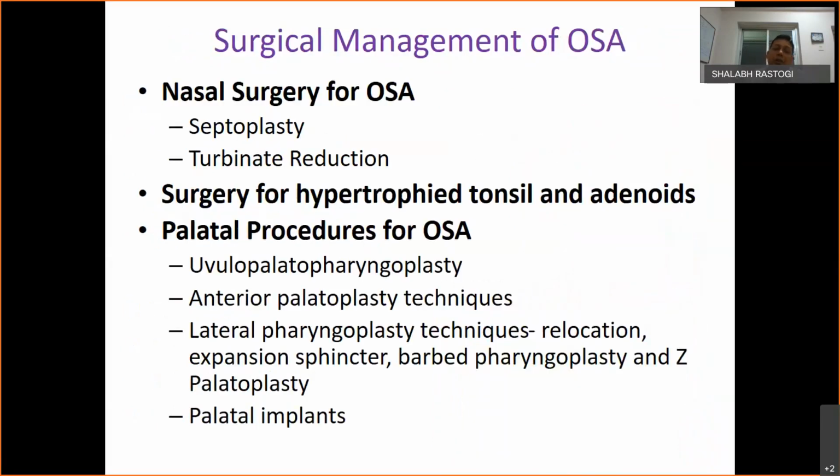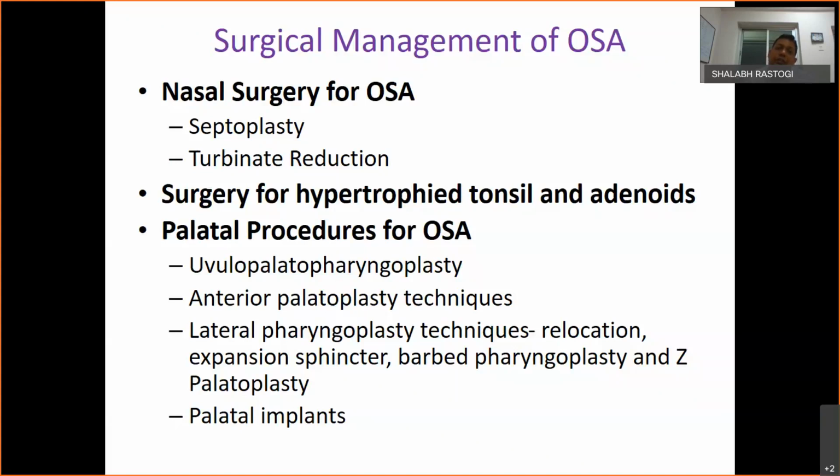Coming to the surgical management, which is especially for the ENT surgeons, we ENT surgeons are the only surgeons who can cure obstructive sleep apnea. The rest of the treatments can only control it. But if we take out the obstruction in the airway path, then we can cure the patient of obstructive sleep apnea.